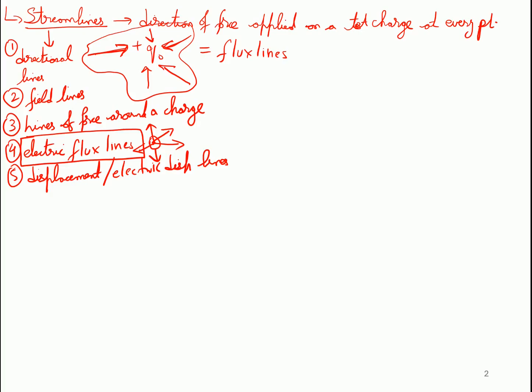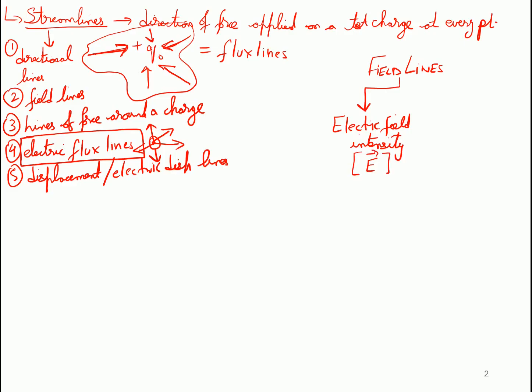So previously we talked about the field lines, and what the field lines were about. So we understood the concept of electric field intensity. This is represented by the symbol E with an arrowhead, as it's a vector quantity.